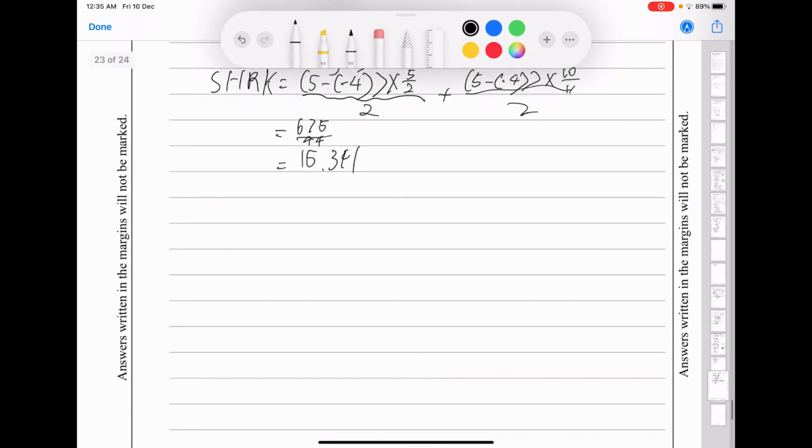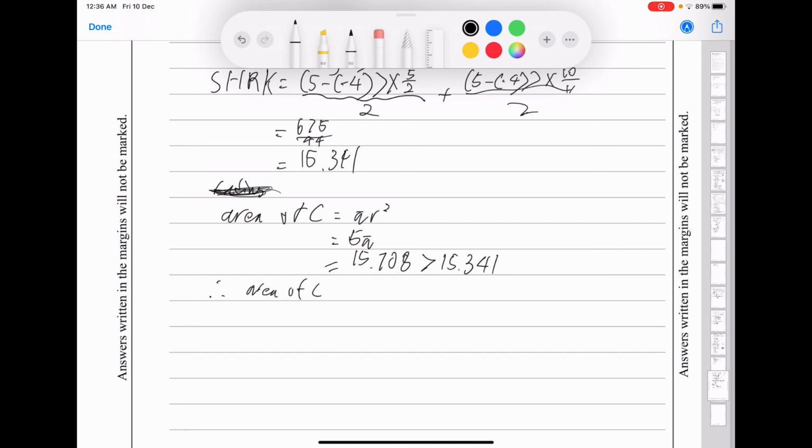So, area of C will be equal to πr², which is 5π, 15.708, larger than 15.341. So area of C is bigger than area of SHRK. Very nice. The claim is correct.